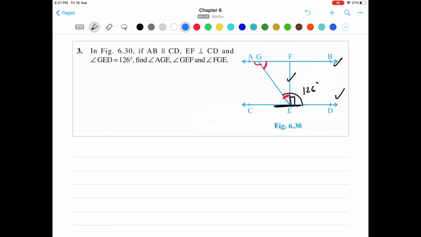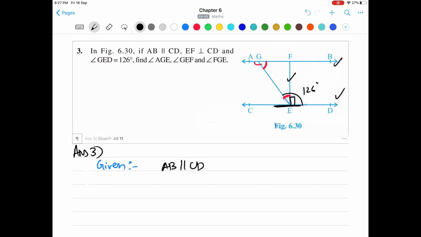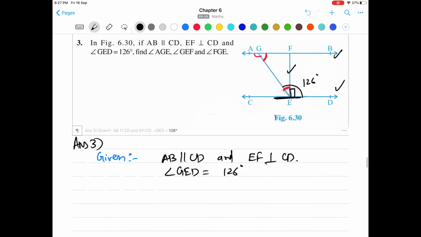So first write the given part. Answer number 3, given here: we are given that AB is parallel to CD and EF is perpendicular on CD, and we are also given that angle GED is 126 degree.